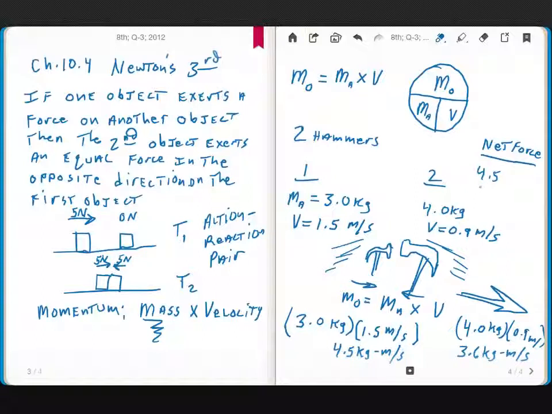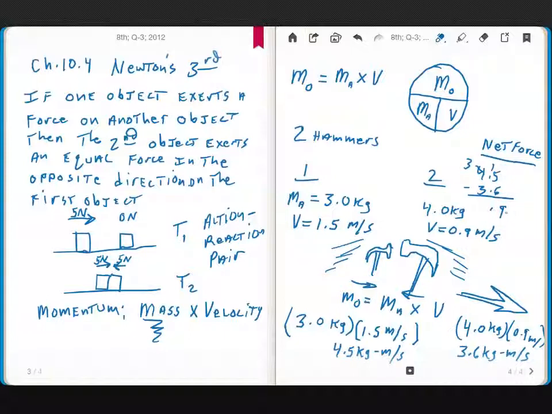4.5 minus 3.6. Borrow 1, 15, there's 0.9.